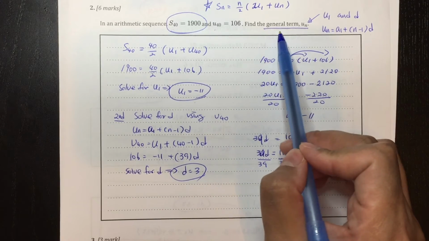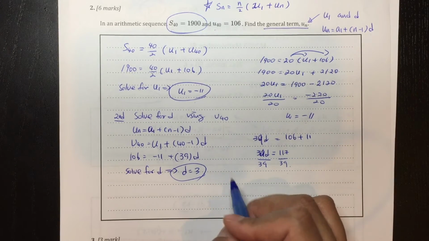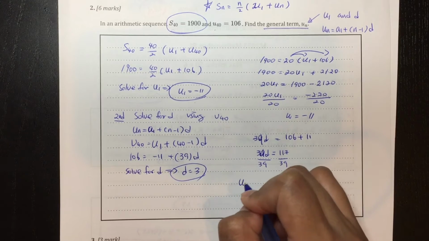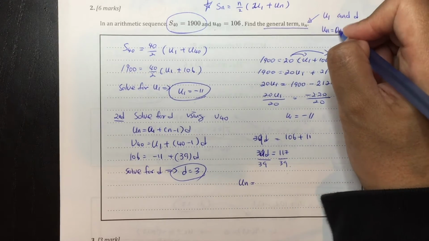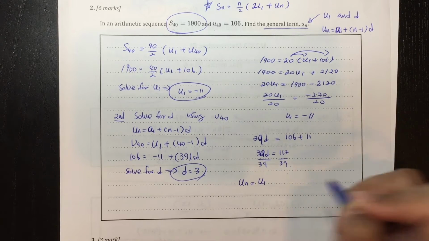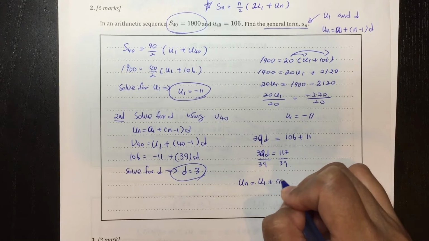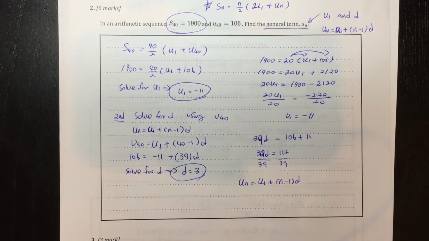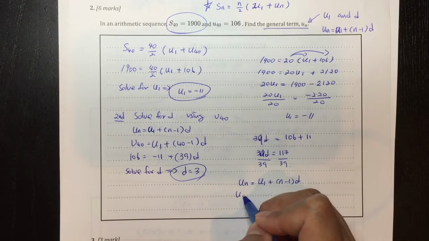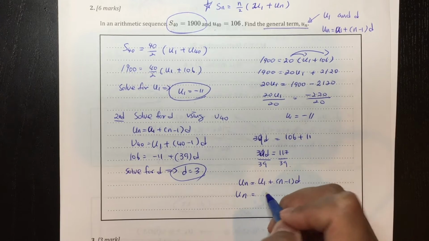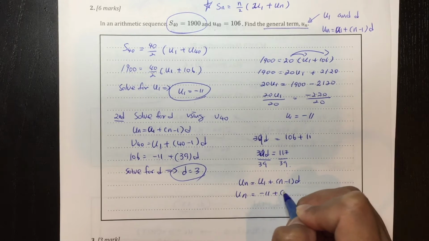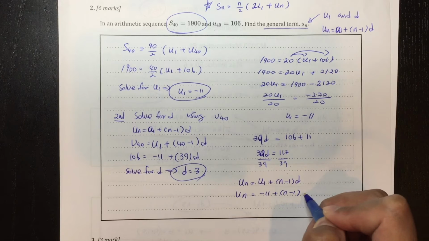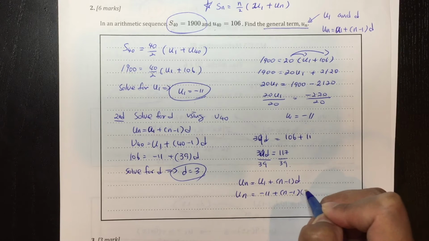Now it's time to write the generic term. The generic term is Un equals U1 plus n minus 1 times d, right? When calculating the generic term, we don't need to have any number for n, right? So we're going to say Un equals the U1 value, negative 11, plus n minus 1 times the d value, which is 3.